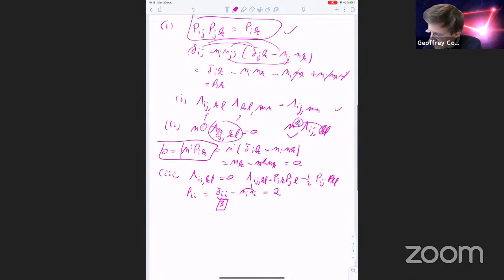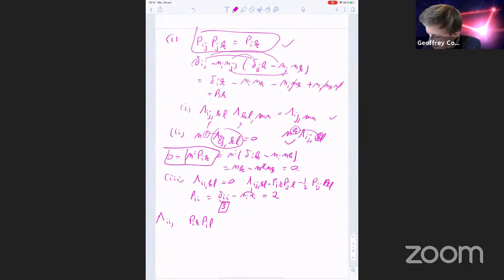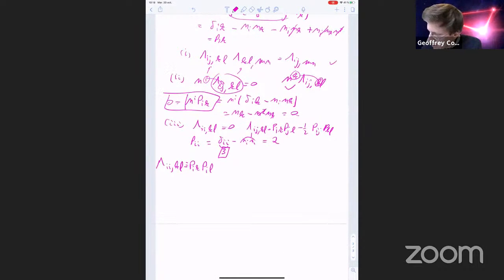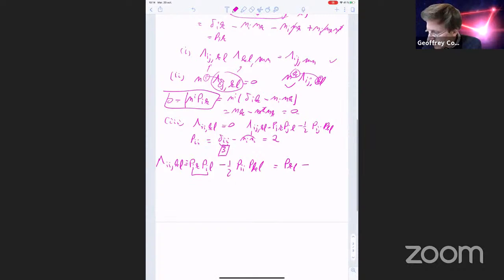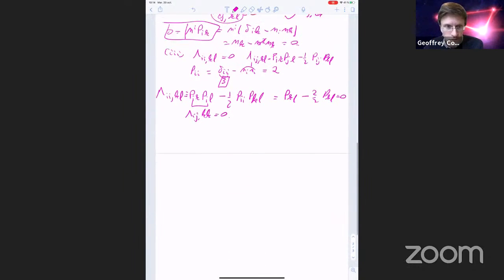If I do the trace, I have P_il P_kl minus P_ii P_kl. For the first one, we use the fact it's a projector, so that's P_kl, and this one is 2 divided by 2 P_kl, so 0. Same for the other trace, the other one, Λ_ijkk, is just the same proof.